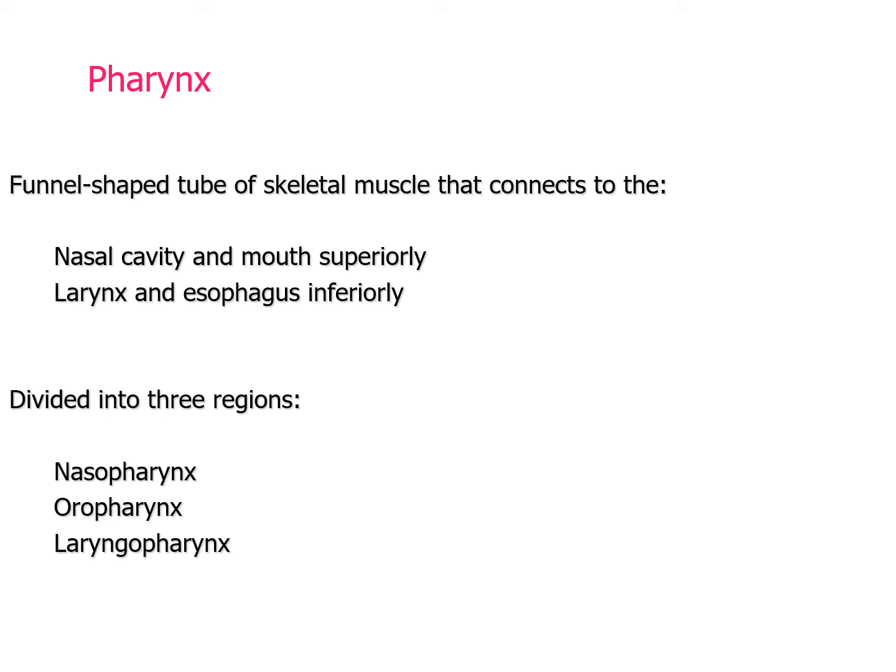Further back is the pharynx, and the pharynx is divided into three regions: the nasopharynx, oropharynx, and laryngopharynx. Essentially it's a funnel-shaped structure that goes from the nasal cavity down through the back of the oral cavity down to the larynx and the esophagus, where the trachea and the esophagus split.